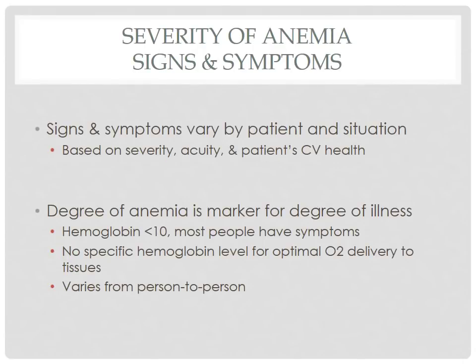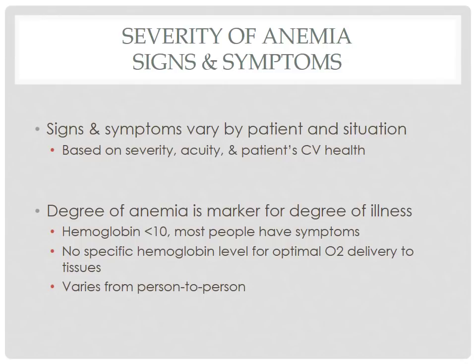The severity of anemia. The signs and symptoms of anemia are going to vary in severity from each patient and each situation. When considering anemia, you need to think about the severity, the acuity, and also the patient's CV health. All of those are taken into consideration when looking at the whole picture.